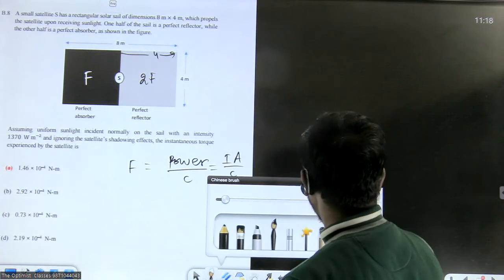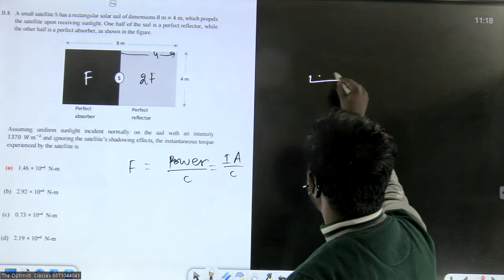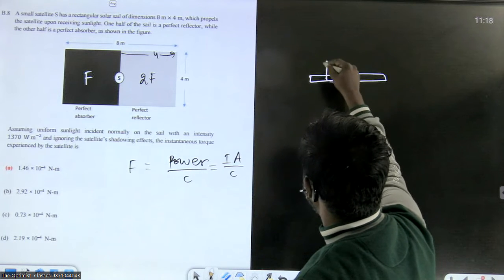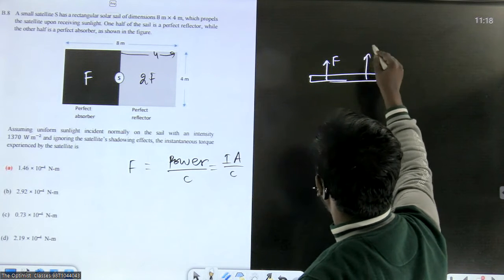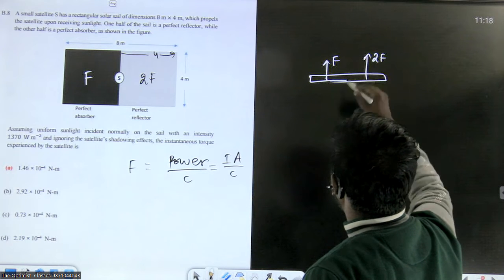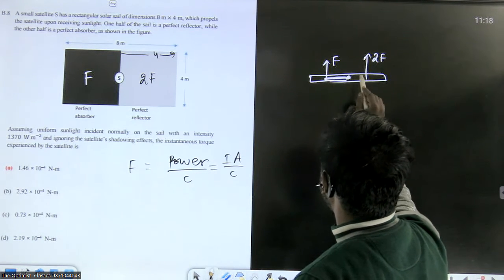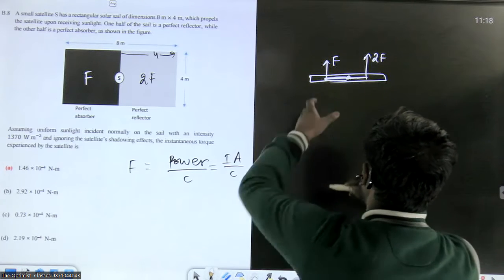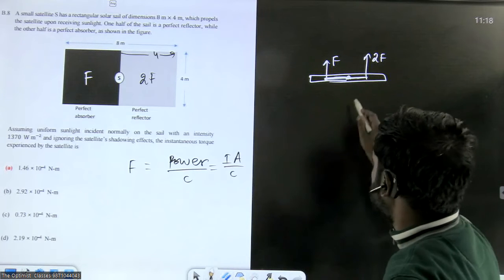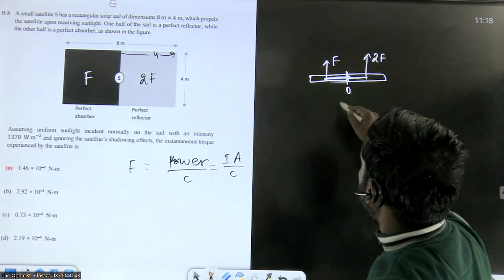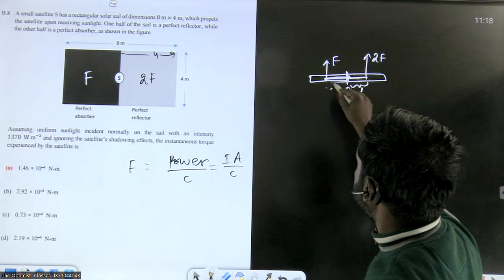Suppose we have a rod, and we apply a force f here and a force 2f here. If you calculate torque about this point, the torque because of this will be force into distance, and the other will also be force into distance. So the torques of the two will be opposite in direction. Suppose this distance is d and this distance is also d.